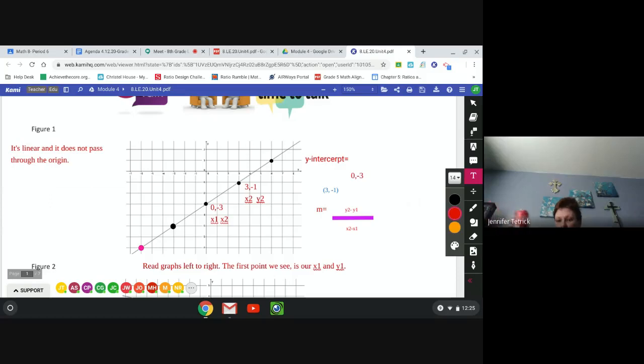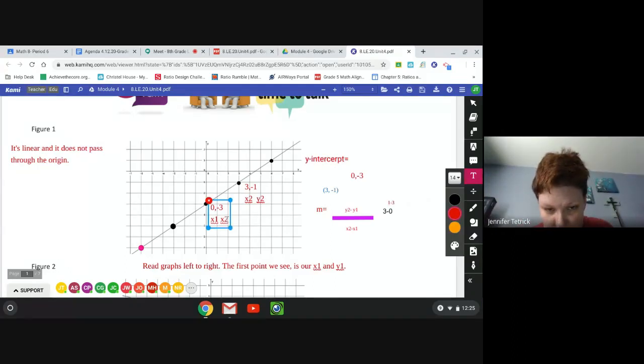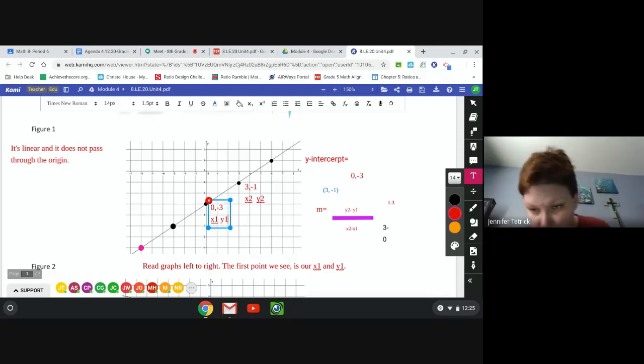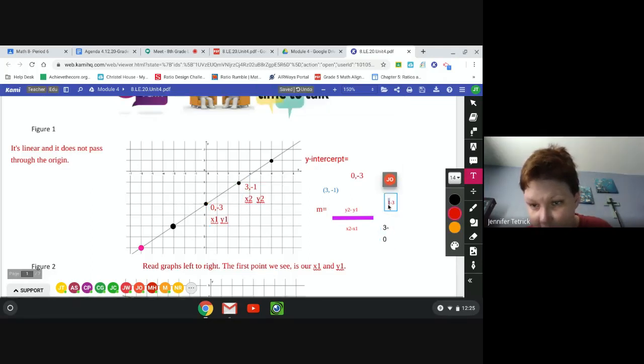We're plugging in our values. No. Y2 minus Y1. This is Y1.